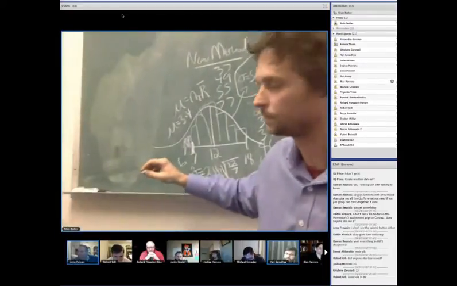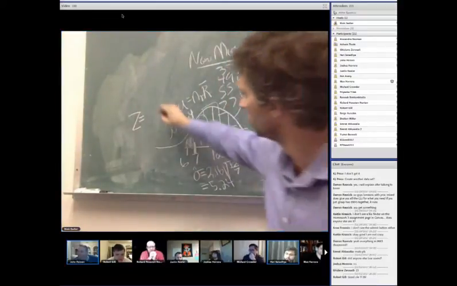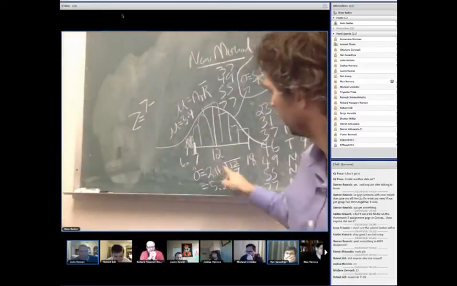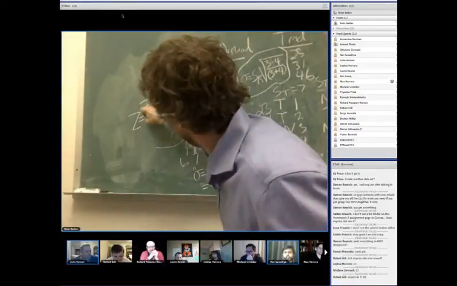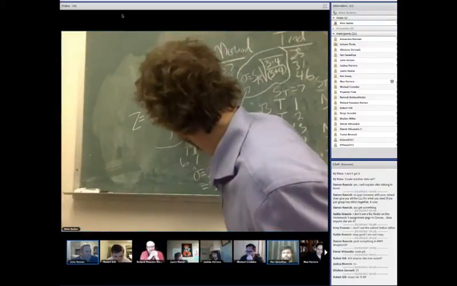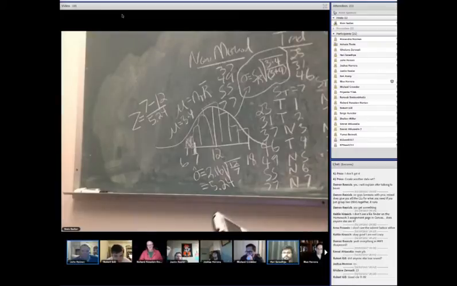And lo and behold, that's -5 divided by 5.24. We did something wrong. I got a z-score of -0.954, which doesn't sound quite right.